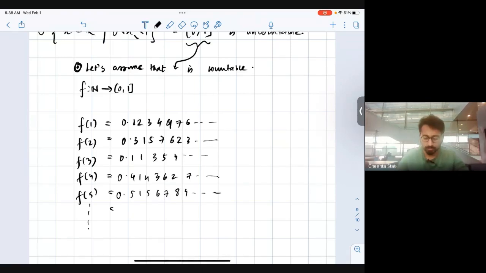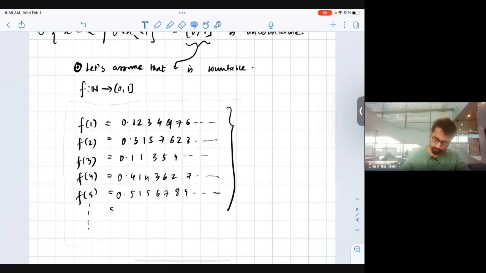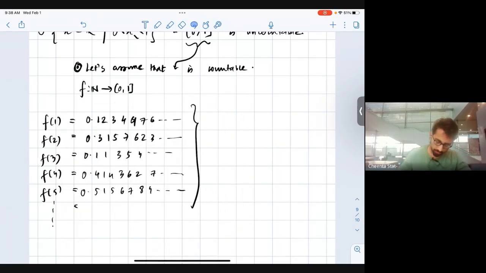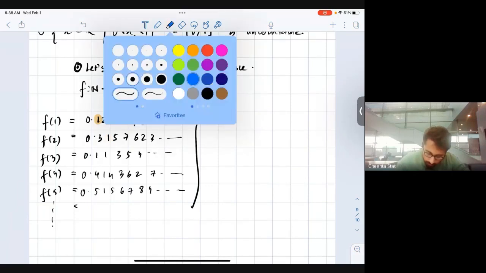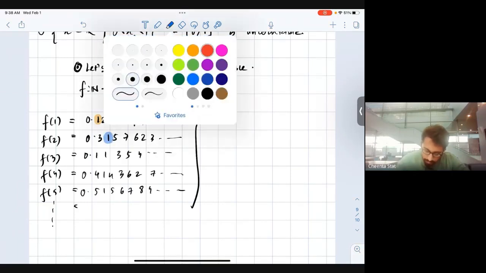So from this set of numbers we find another interesting number. So we take the first element out here, the second element out here, the third element out here, and the fourth element out here.